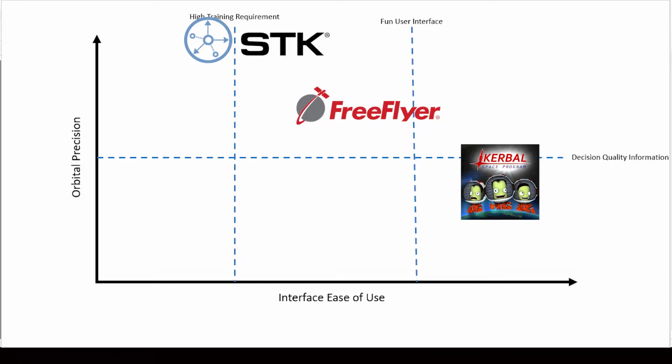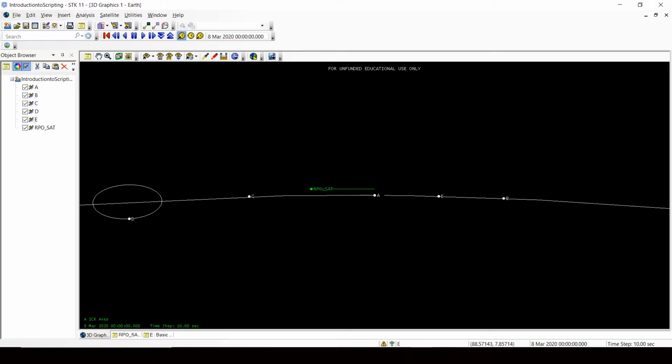STK is a great environment because whether you're trying to represent the flux of energy through satellites, the performance of thrusters, or a reasonable or high precision gravitational propagator, it can do all of that. But there are some subtleties to how that software works, and if you're not trained in them, it can be very difficult to do exactly what you want.